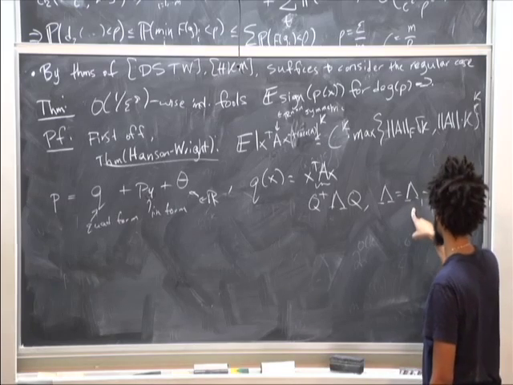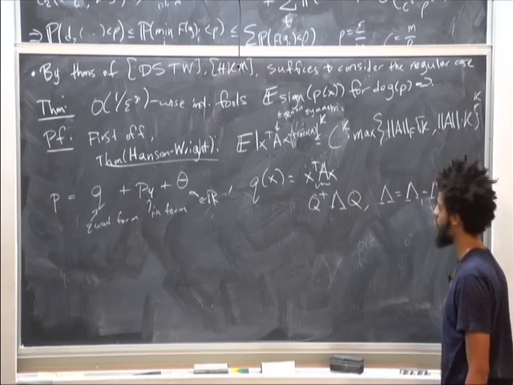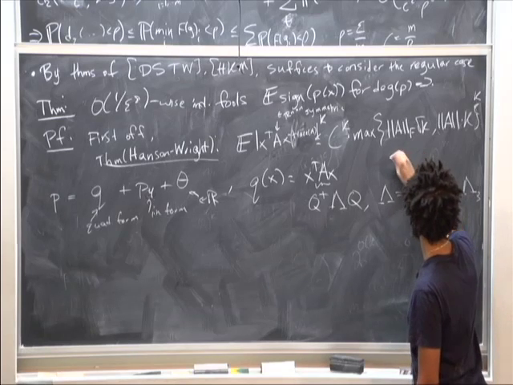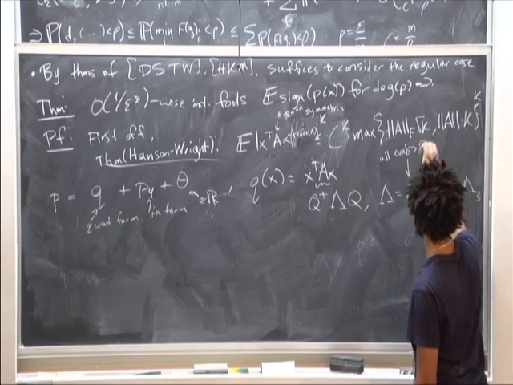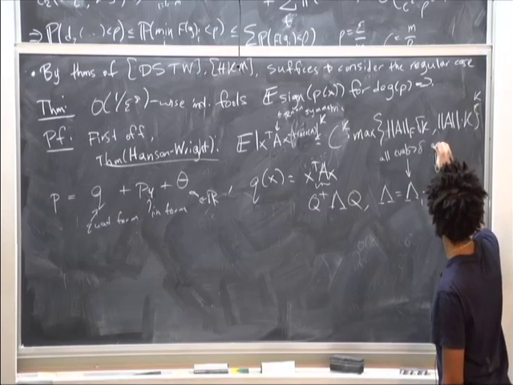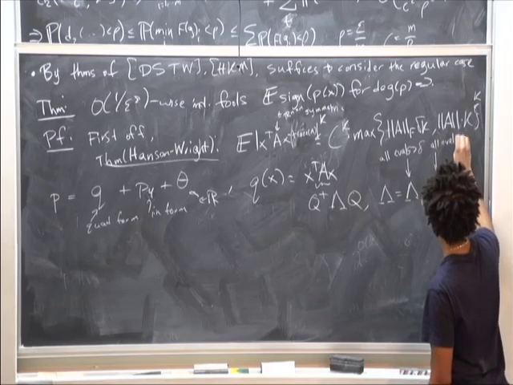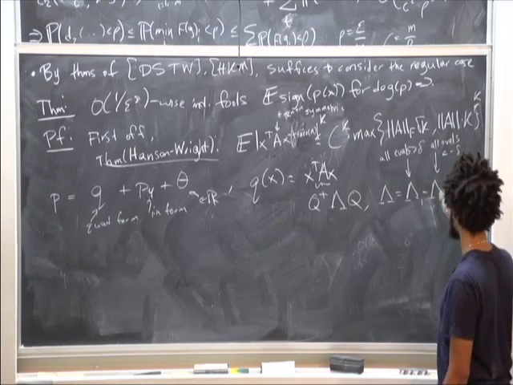So lambda I'm going to write as lambda 1 minus lambda 2 plus lambda 3. Here, I'm going to put all eigenvalues that are at least delta. Delta is a parameter in the proof. Here, I'm going to put all eigenvalues less than minus delta, and I'm going to put their magnitude.